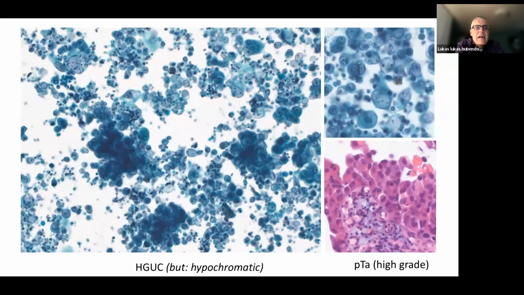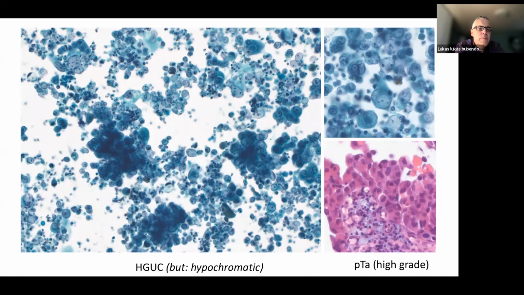Now, if you look at this case, everyone would agree, yes, that's also high-grade urothelial carcinoma. And you also see the histology, it was high-grade urothelial carcinoma. They have large variation in size and shape, very high nuclear cytoplasmic ratio, some membrane irregularity, maybe some chromatin abnormalities, but they are not hyperchromatic.